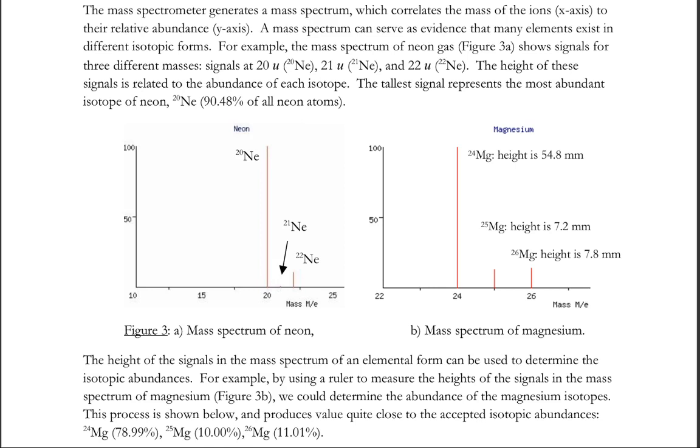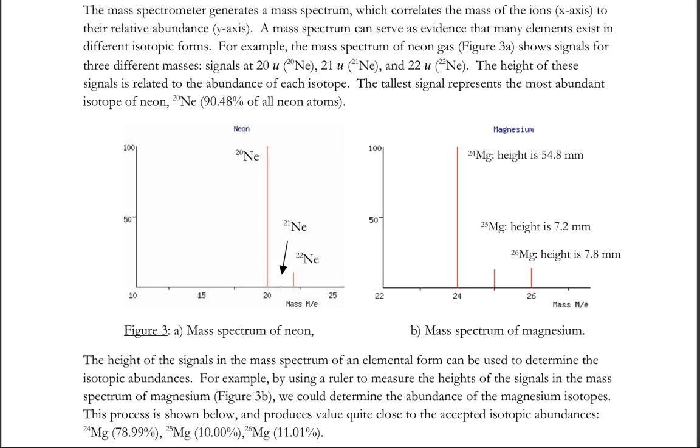From the x-axis, where the peaks are, we see their masses, 24, 25, and 26 u. From the heights, which we measure, for example, with a ruler, we get for magnesium 24 a height of 54.8 millimeters, for magnesium 25 a height of 7.2 millimeters, and for magnesium 26 a height of 7.8 millimeters.